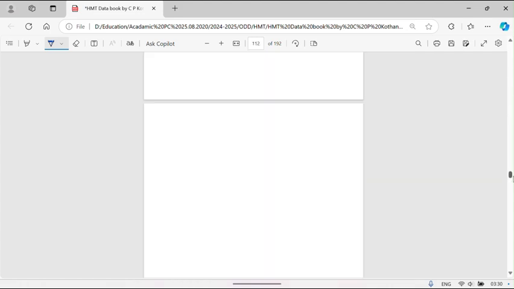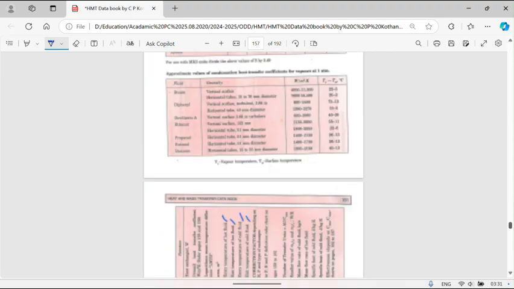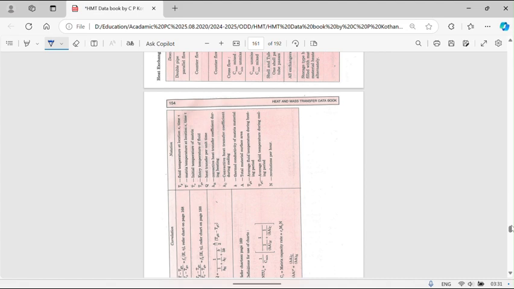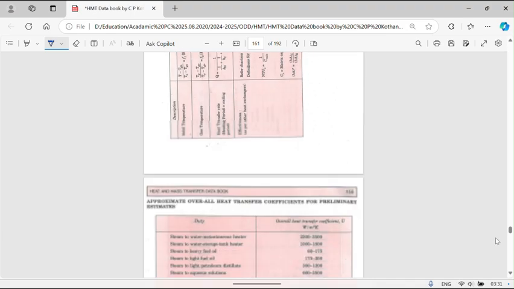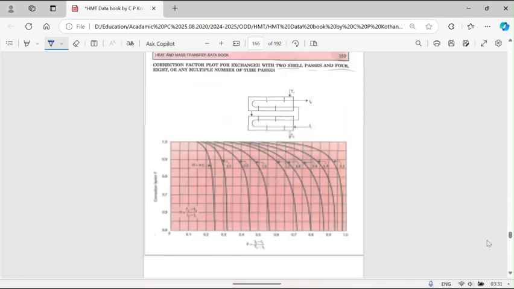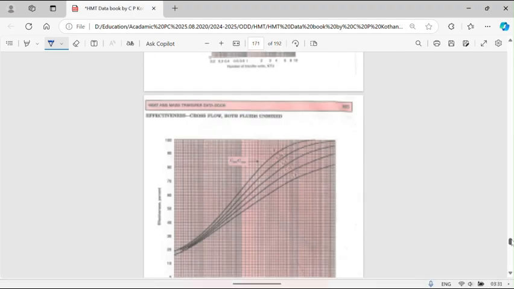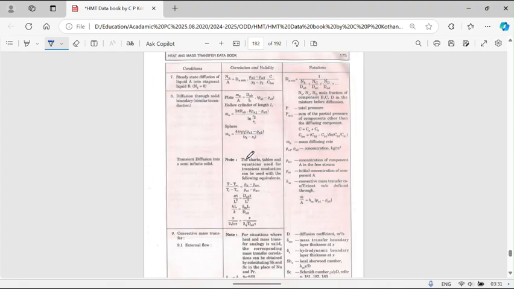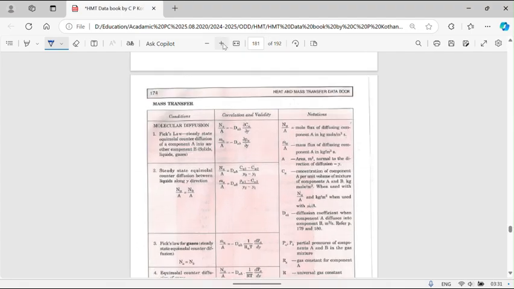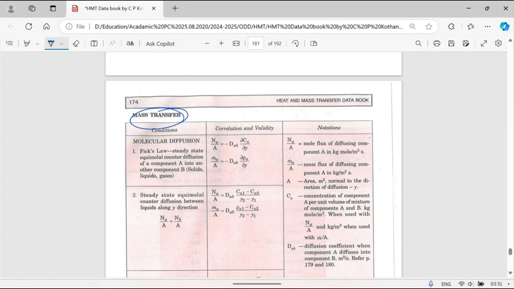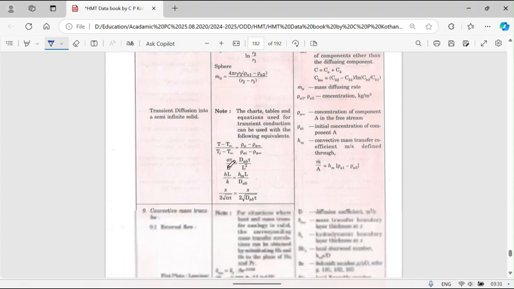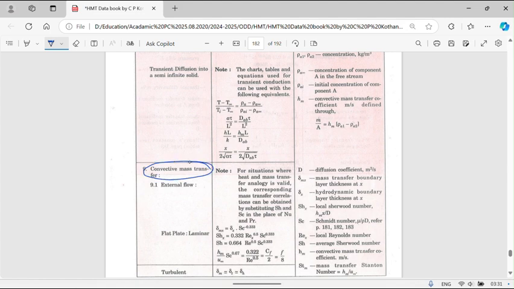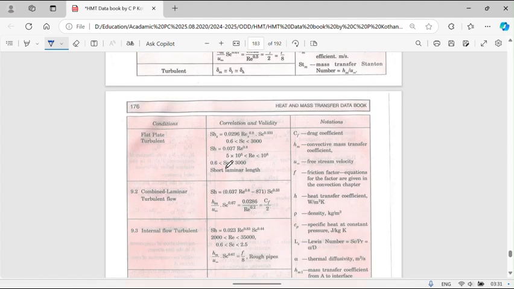Similarly, we can also use the convective mass transfer correlations in the data book. This is available on page number 174 in the mass transfer data book. In convective mass transfer, this flow is nothing but internal flow.